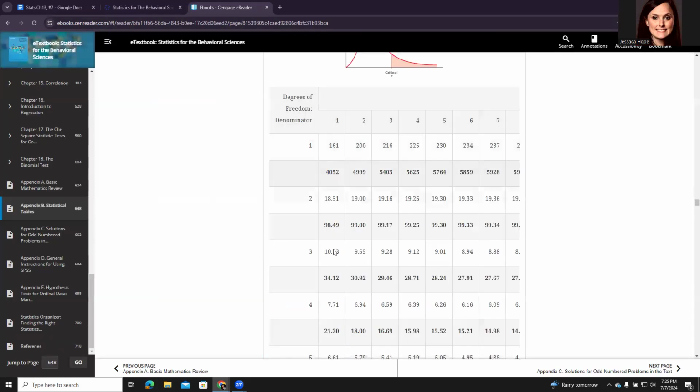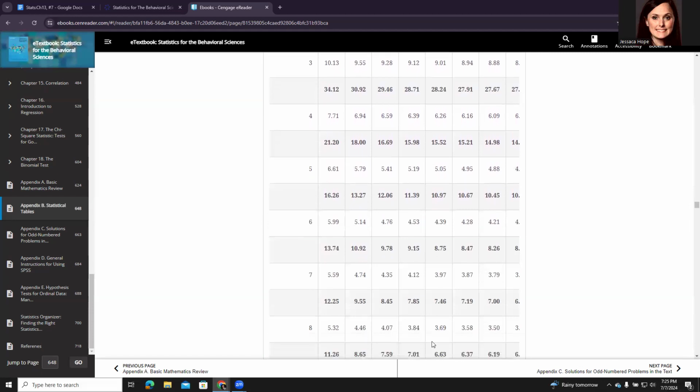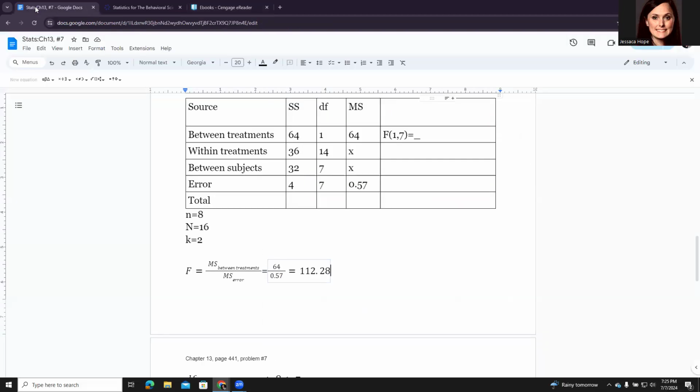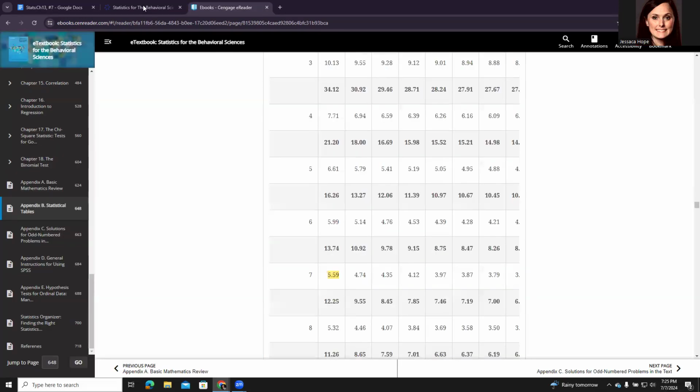So here's 1. Scroll down to 7, and we want 0.05, so we're going to use the light face here. So our critical value is 5.59, because it's 1 and then 7. I'm going to go back here and type that in, because we know that now. And of course I forgot it, 5.59.